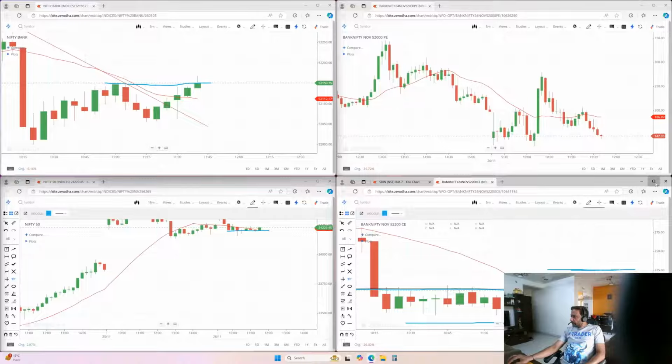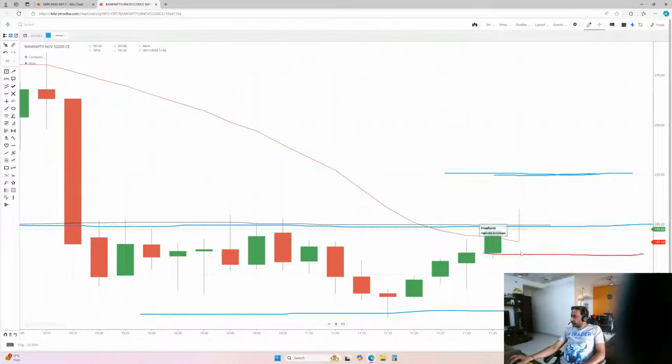Now it has made a new low of this 190. So we can trail our stop loss at 190, which is around a 10 point stop loss.